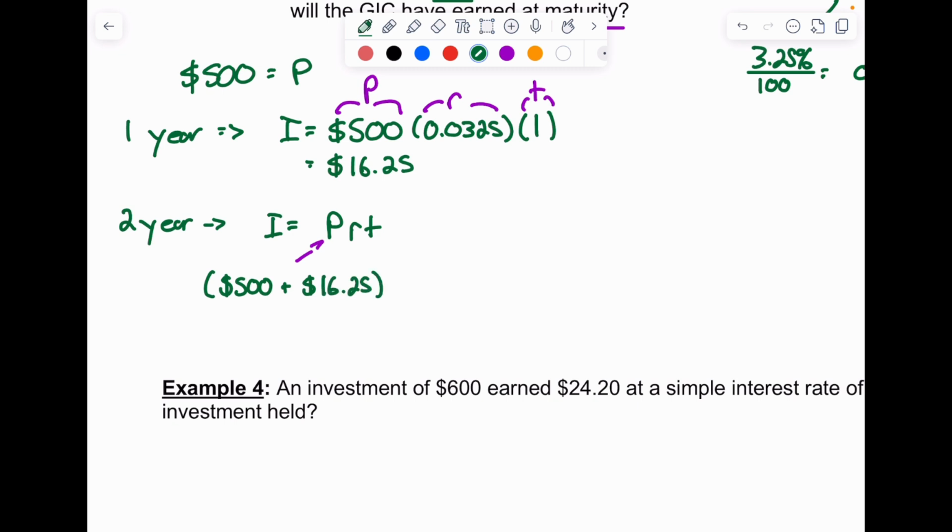So now it counts for what is actually in your bank account. When we apply our formula here, your interest is now taking $516.25, multiplying by all the same values, 0.0325, and another year ticking by.